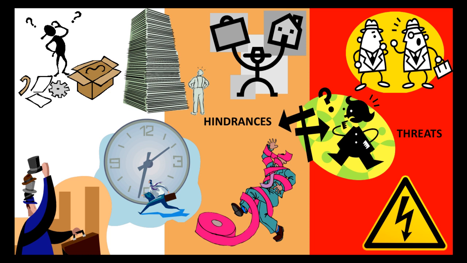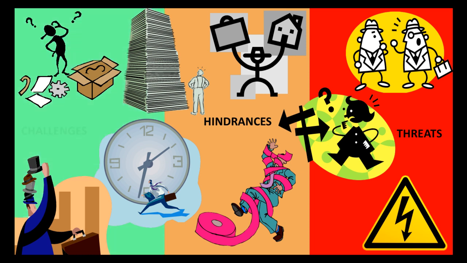If there are inefficient processes or supply chain problems or other things that are consistently impacting on your team, it should be your responsibility as a manager to try and do something about those, even if that's not actually your job. Anything that you can do to reduce the hindrances in the environment takes a lot of stress out of your team and enables them to focus on achieving things well. As for the challenges in the environment, it is possible that an increase in challenges can lead to motivational benefits.